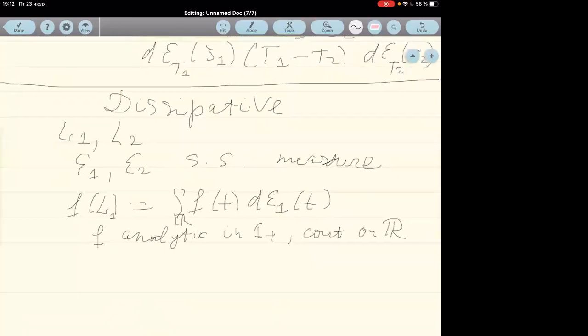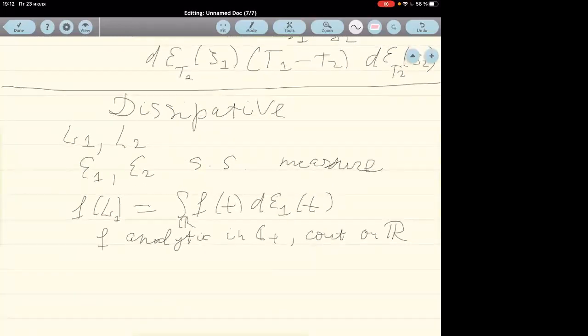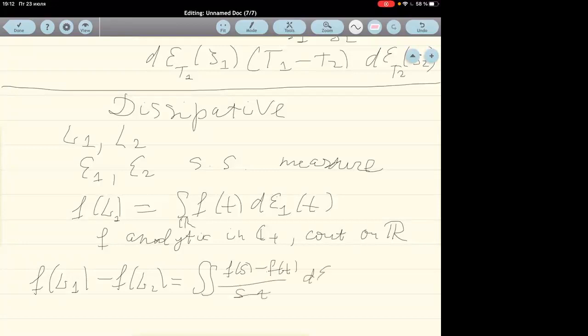But the difficulty is the following: we want to prove a similar formula, f of L1 minus f of L2 equals the double operator integral of f of s minus f of t divided by s minus t, dE1 of s, L1 minus L2, dE2 of t.